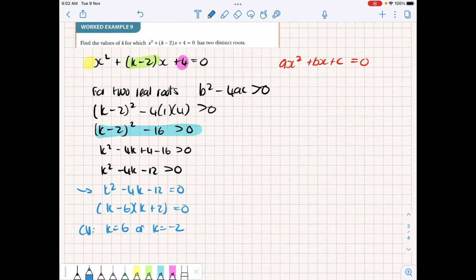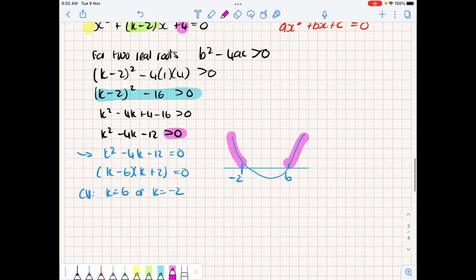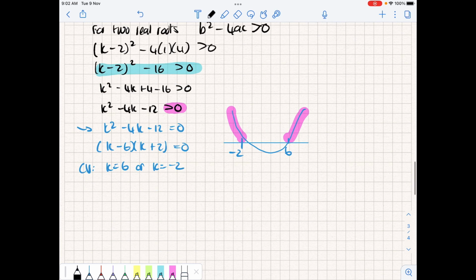We can quickly draw a simple number line with negative 2 and 6, draw our quadratic, and we want to know where the solutions are greater than 0, and we can see that happens here and here. So our answer would be that k must be greater than 6, or k must be less than negative 2.